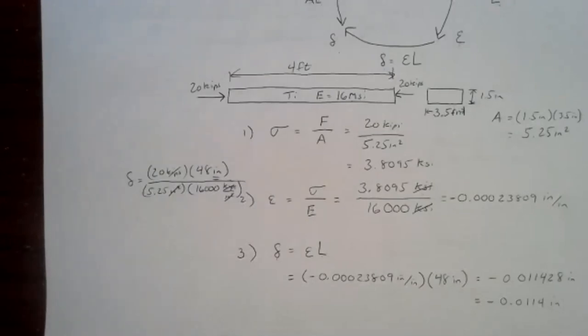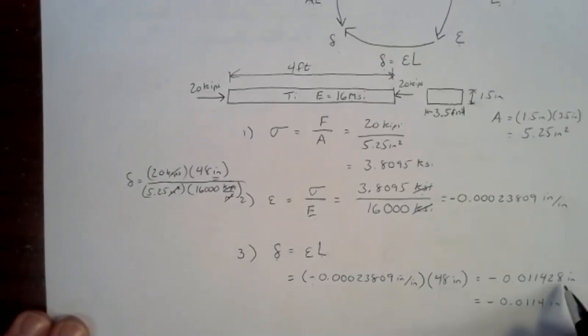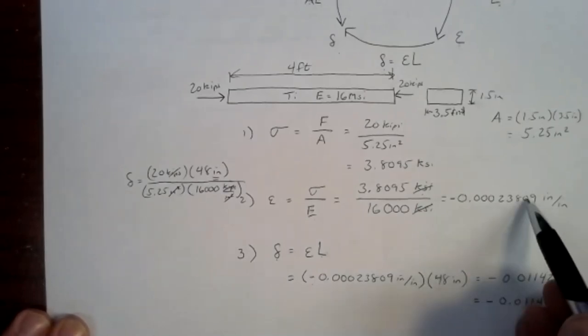So if we plug the numbers together here, I get 20 times 48 divided by 5.25 and divided by 16,000. And that gives us our same number, within that last digit. You get 0.011429 on this one. That makes sense because we rounded off twice.